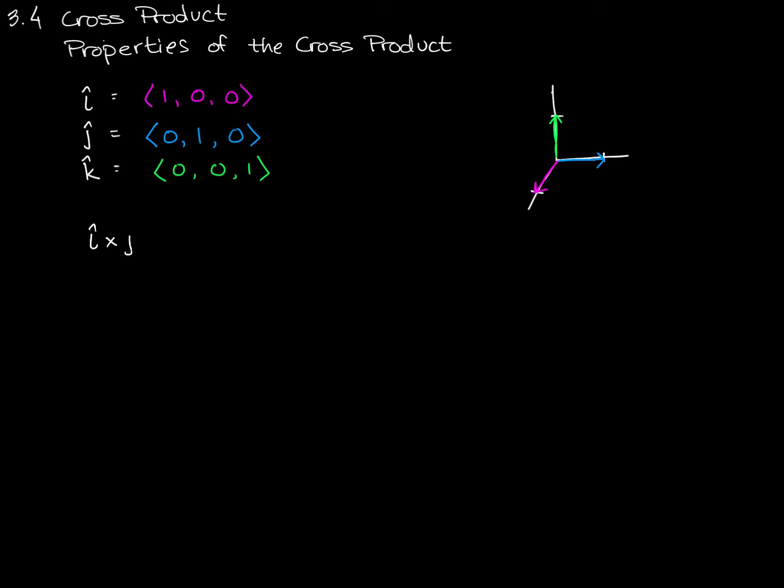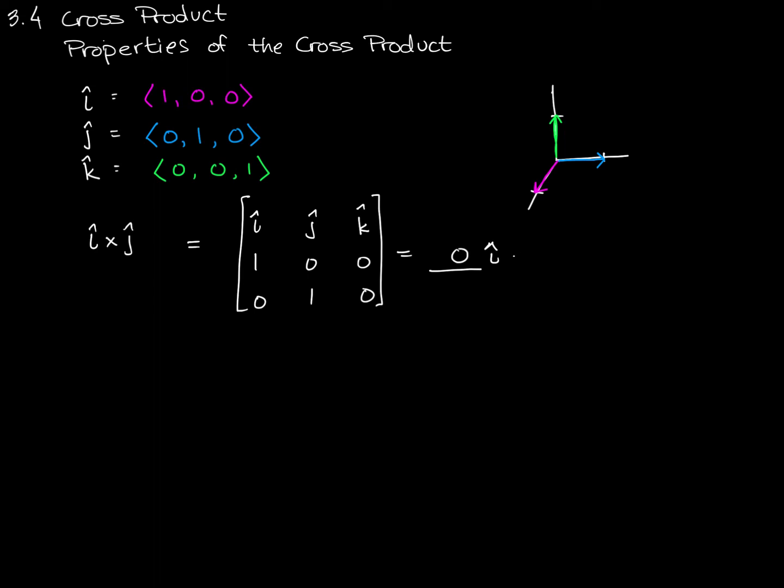i crossed with j. I'm going to go ahead and say i, j, k, and then I'll write the vectors out, 1, 0, 0, and 0, 1, 0. And I'll find the determinant of that matrix. Cross out the i column and the i row, leaving me with this matrix here. And I'll have 0 minus 0.